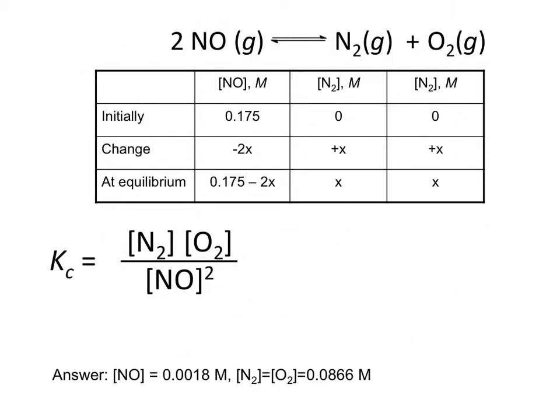So now I'm ready to substitute the values into my equilibrium expression, and I get, in this case, x squared, because each of my amounts of product have a concentration of x, and I'm going to divide this by 0.175 minus 2x.